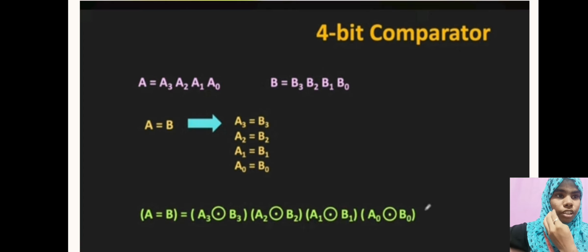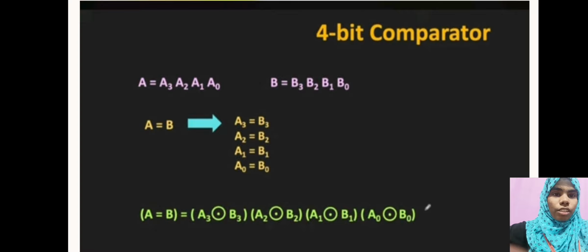A and B are inputs. A has 4 bits, since this is a 4-bit comparator, so A equals A3, A2, A1, A0. B is another input and it also has 4 bits, B3, B2, B1, B0.